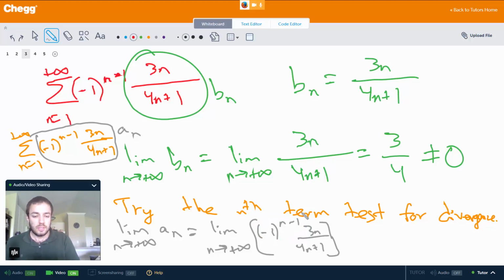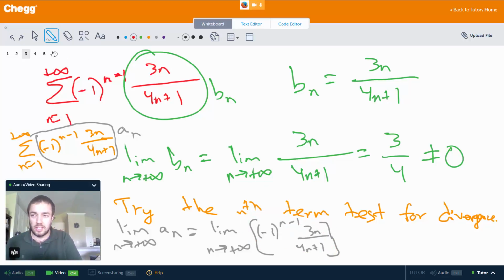Okay. And also this 3n over 4n plus 1 contributes to that as well, because as n goes to infinity, as we already know, this goes to 3/4. So essentially the limit doesn't exist, but the expression just keeps bouncing back and forth between positive and negative values, and because this does not go to 0 by itself, the entire thing cannot go to 0.